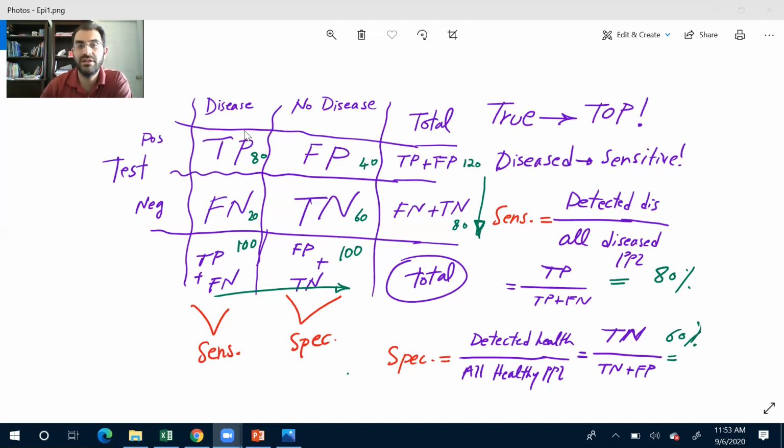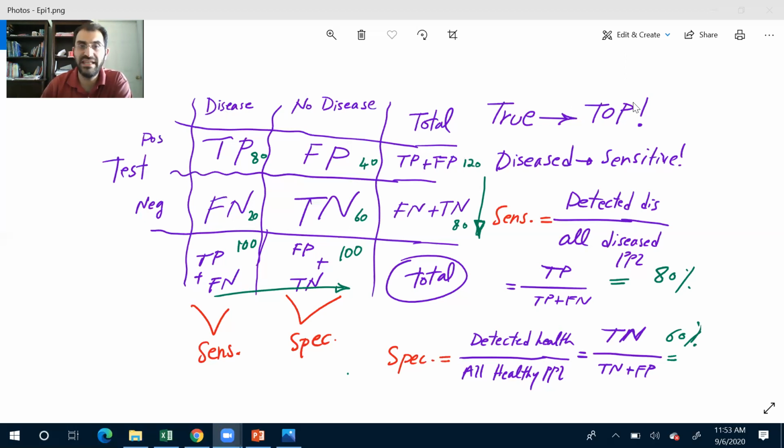Somebody who is a smoker and who has lung cancer: risk factor positive or test positive, and having the disease. That's my top priority. True always goes to the top in all the epidemiologic formulas, or 99% of them. Truthfulness goes to the top.